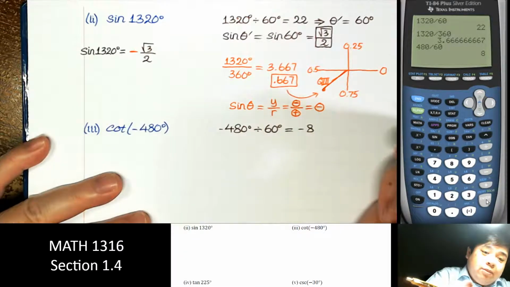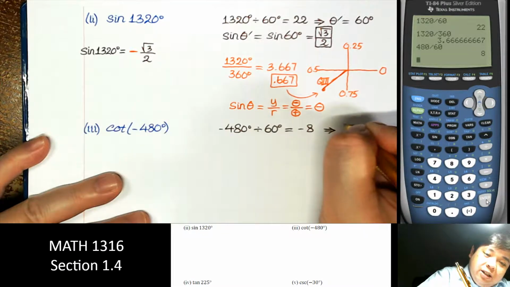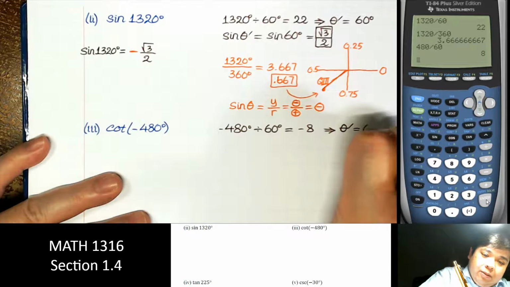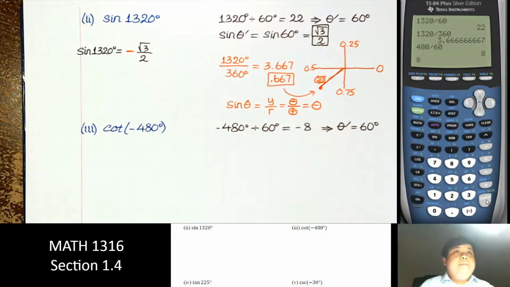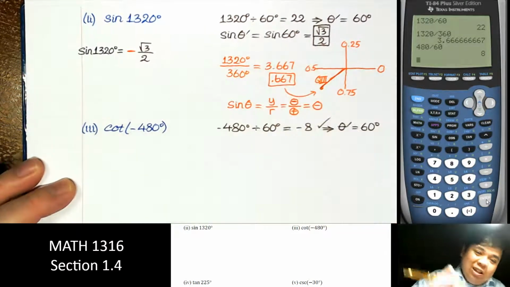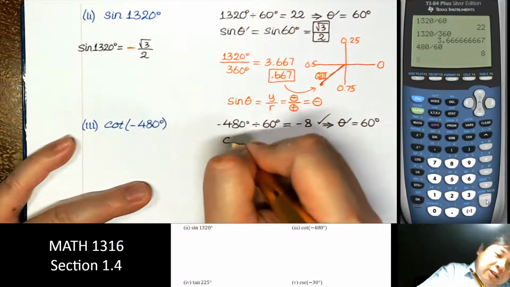So it's good. That means the reference angle is 60 degrees. I put the check mark there. So it is 60 degrees. Now we do the cotangent of 60 degrees.